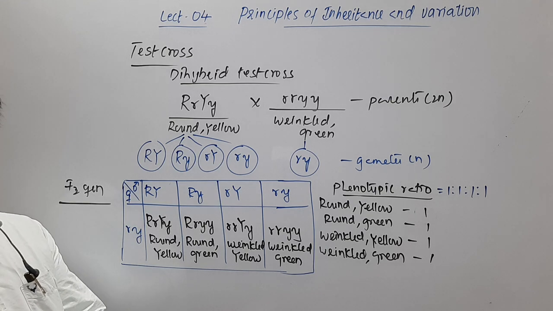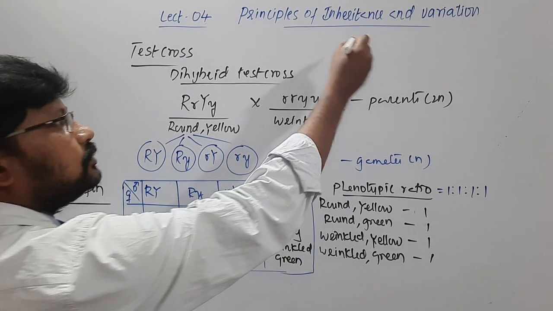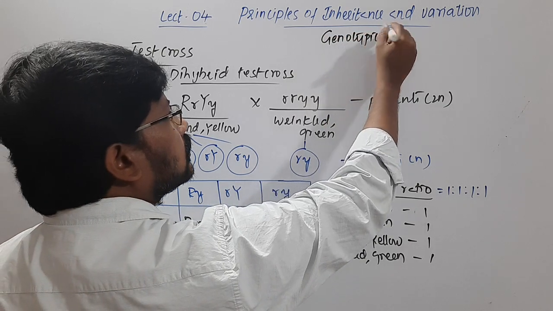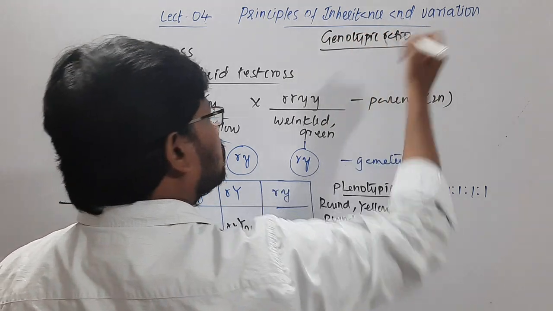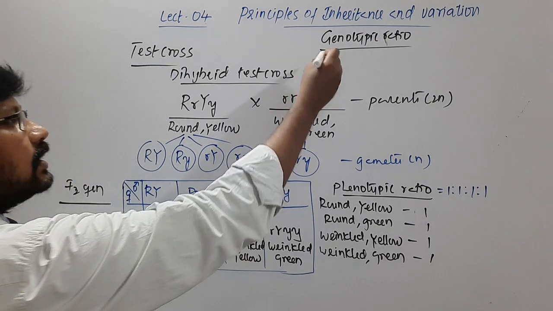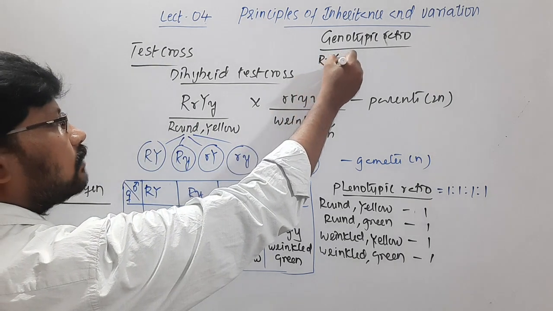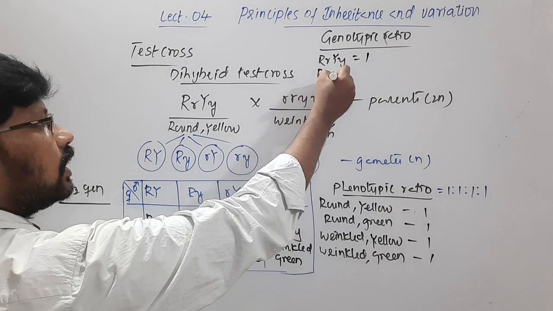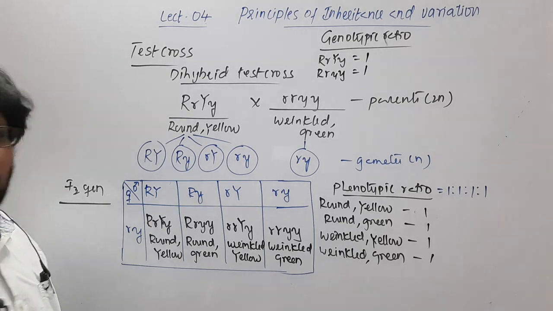Now coming to the genotypic ratio. So here capital R, capital Y, small y we have only 1. Then capital R, small y, small y we have 1 here.